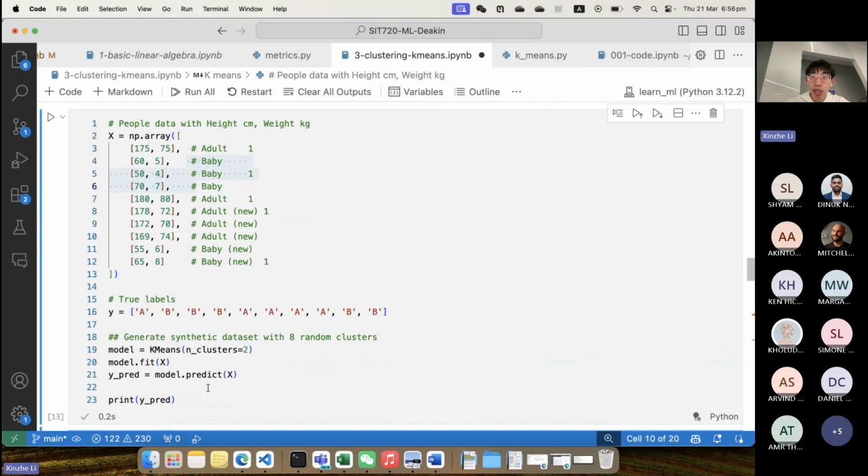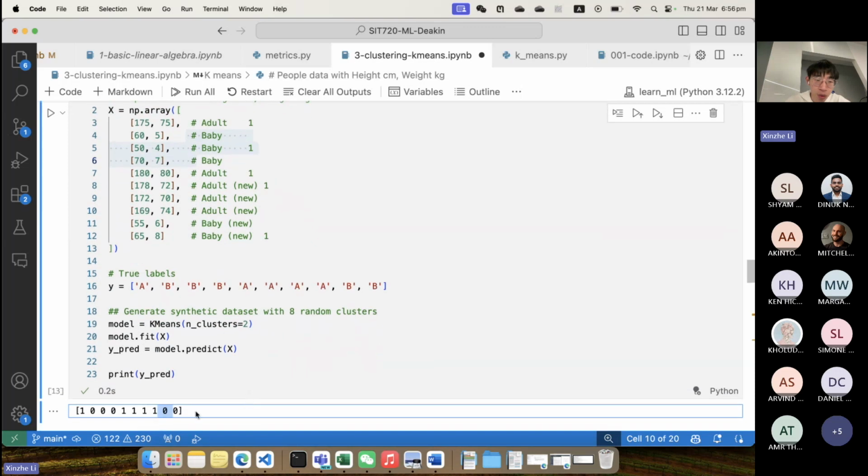Before I go into the detail of K-means, I want to know, now I have the model, how I can evaluate the model. If I let you evaluate this model, okay, I got the answer, but I don't know if this answer is good or not. What should I do?